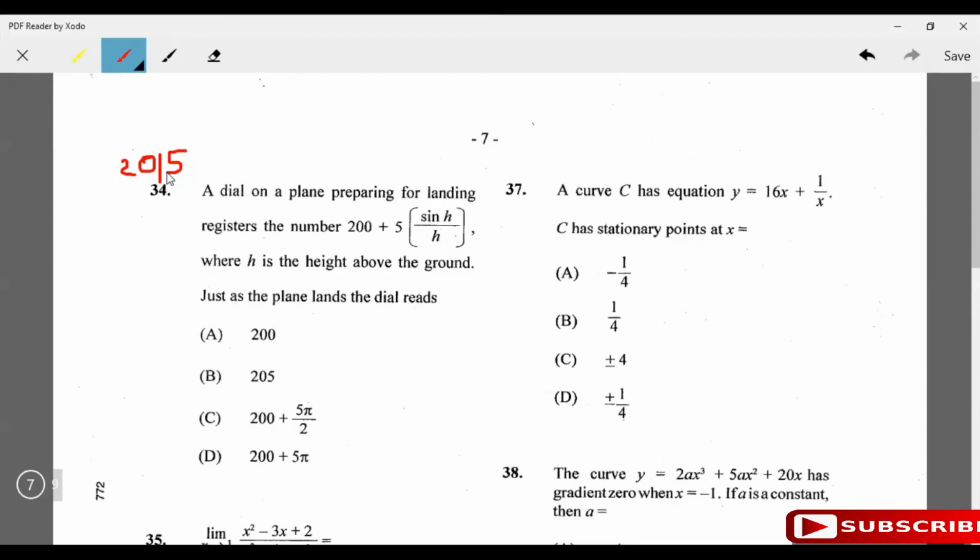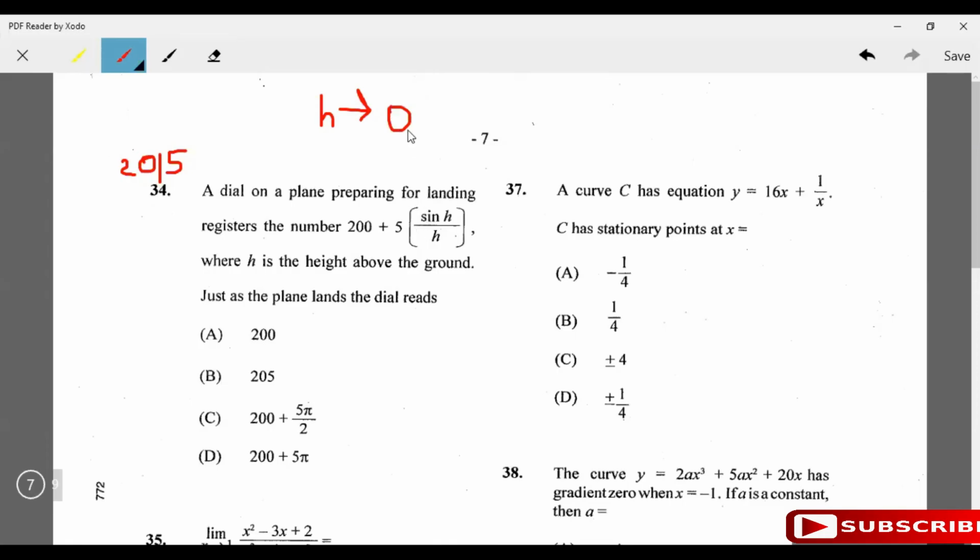It says a dial on a plane preparing for landing registers 200 plus 5 sine h over h, where h is the height over the ground. Just as the plane lands, the dial reads, just as the plane lands means h is going to 0. It's not yet 0, it's very close to 0.